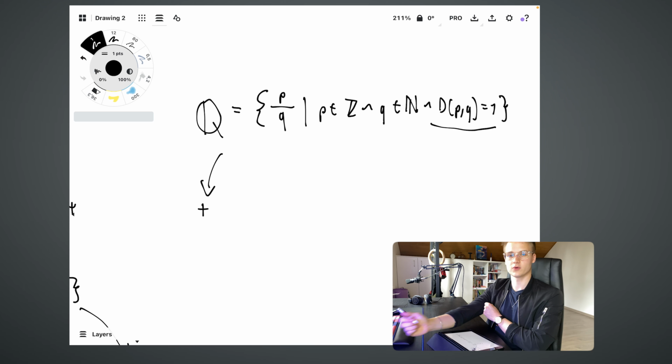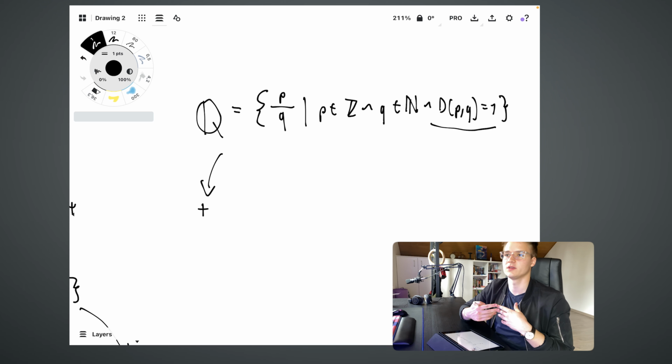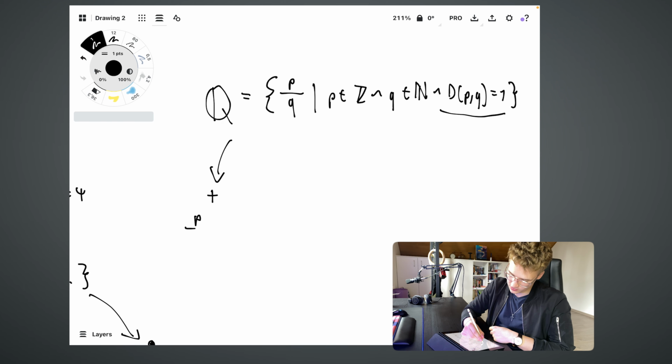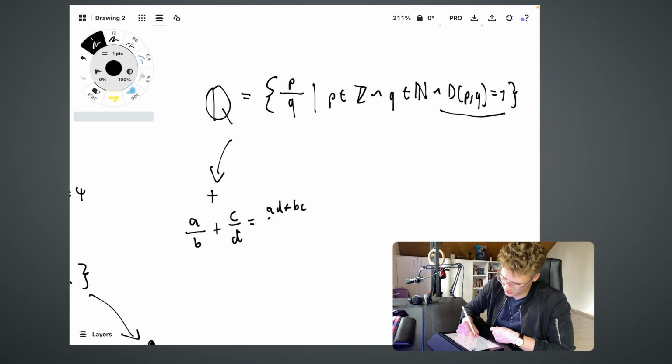And how do we formulate addition of two rational numbers? Let's say a divided by b plus c divided by d is equal to (ad plus bc) divided by bd.